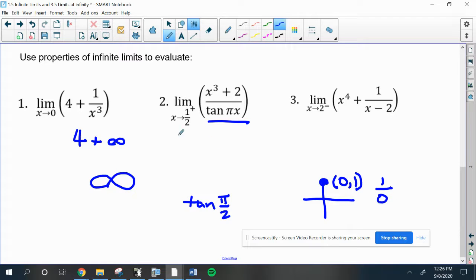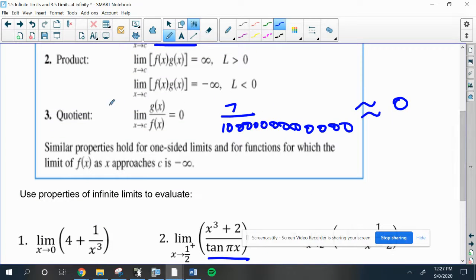Therefore, since we know tangent is going to a vertical asymptote there, it's going to be infinity. When you plug in the 1/2 to the top, you'll get 1/2 cubed plus 2, which is 1/8 plus 2, which is just a number. And this very small number divided by infinity is 0. So that's an example of what we were talking about here.